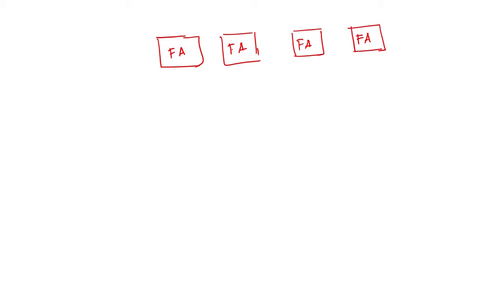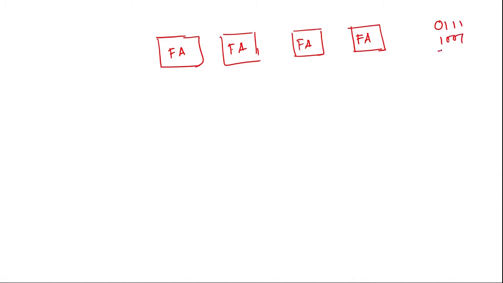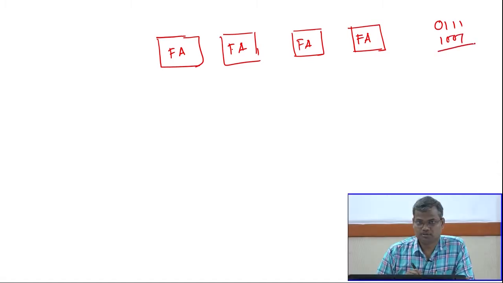Okay. So, let us say we want to add 2 4-bit numbers, let us say 0 1 1 1 and 1 0 0 1. Then for each bit position we will have an adder circuit, that is a 4-bit adder.